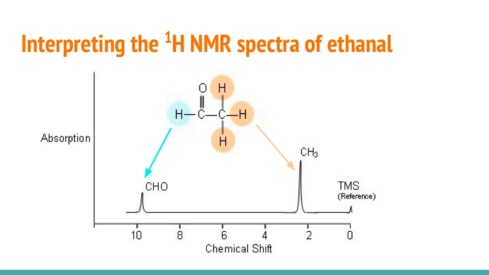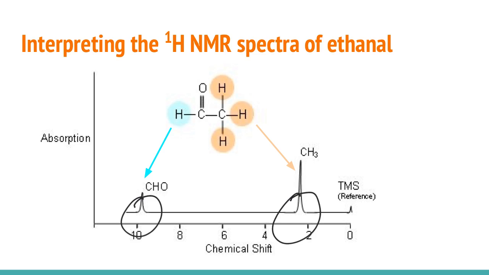Here's an example of an NMR spectrum of ethanol. What you end up seeing for ethanol is 2 peaks on the NMR spectrum. You get one at a chemical shift just above 2, and you get another one around 10. These 2 different peaks are based on the fact that all of the protons within this molecule are in one of 2 different chemical environments.